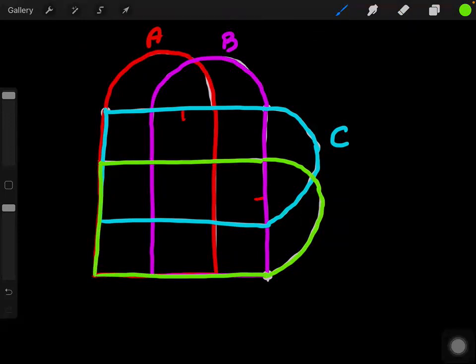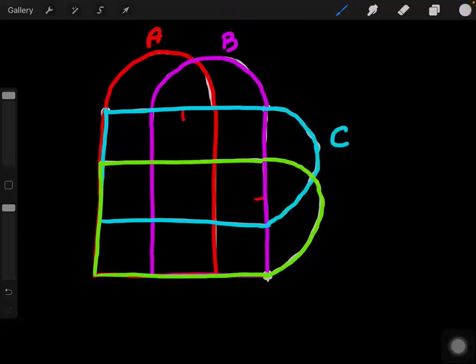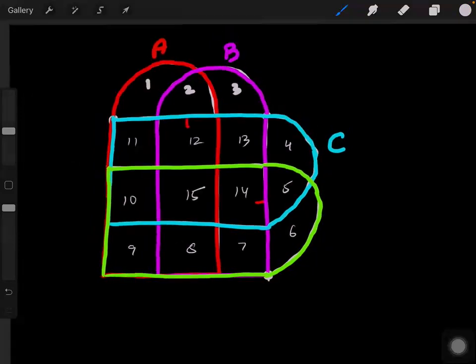Right. So as you can see in this diagram, first let us just count the number of areas to see if there are actually 16 areas. So 1, 2, 3, 4, 5, 6, 7, 8, 9, 10, 11, 12, 13, 14, 15, and of course the null set.